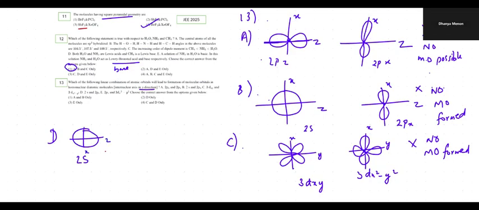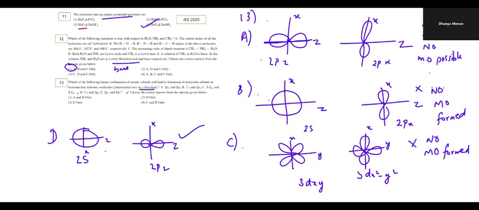And 2pz, so this is z and this is x. So this is possible. Here molecular orbitals are formed.